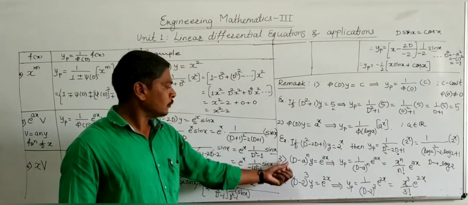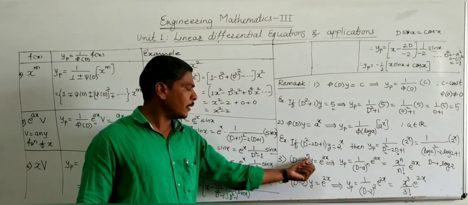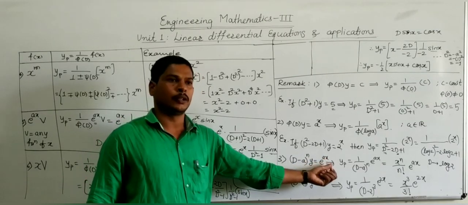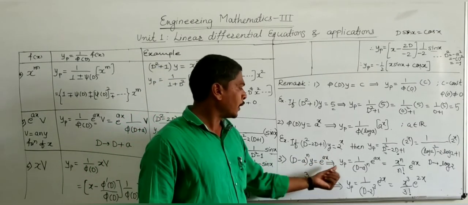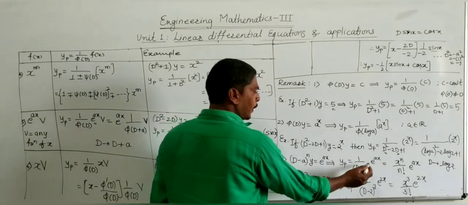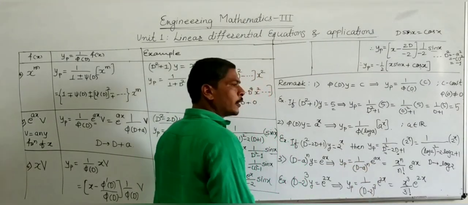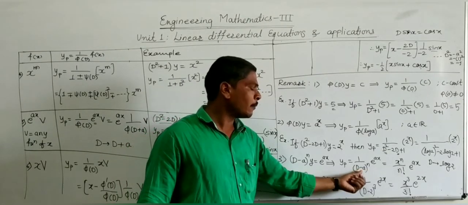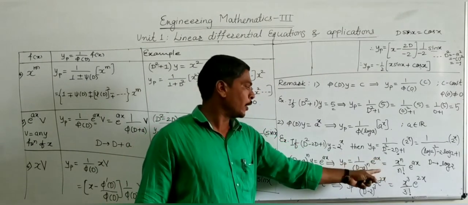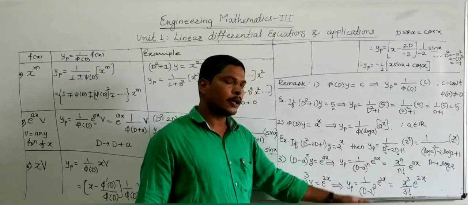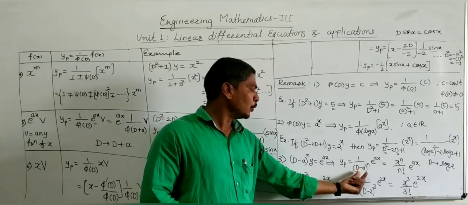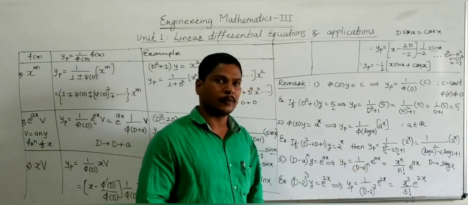Now the third remark becomes, D minus a raised to n into y is equal to an exponential function. Okay, so in that case, by replacing D by a, that means by using shortcut case number 1, we get a minus a becomes 0, and here the power is n. So for finding the final particular solution, we have to differentiate this n times.